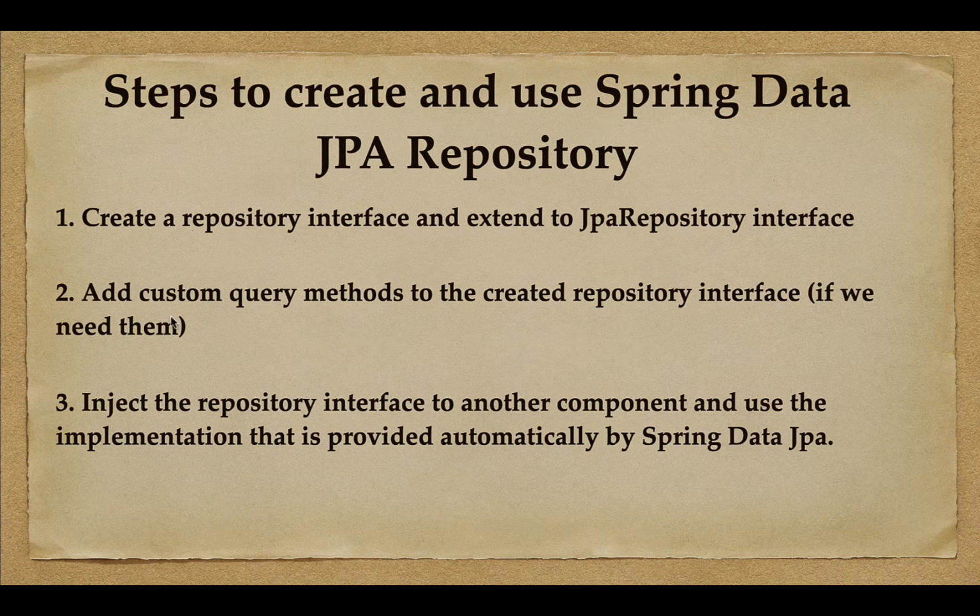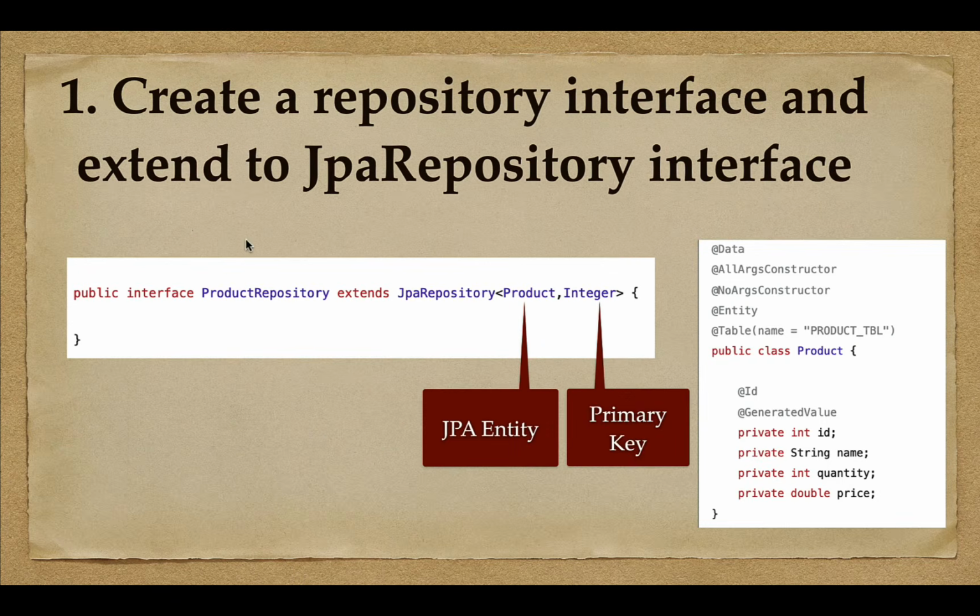Next, we add custom query methods or finder methods to the created repository interface. This is an optional step. If we want, we can add query methods or finder methods to the repository interface. Third step is to inject the created repository interface into another component and use the implementation that is provided automatically by Spring Data JPA. Let's go through these steps in detail.